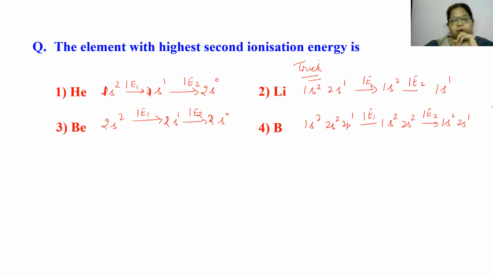Where is the highest amount of energy required? In case of the second, which one is obtaining the stable configuration? You will say all of them. Then think about which shell you are taking out the electron from.